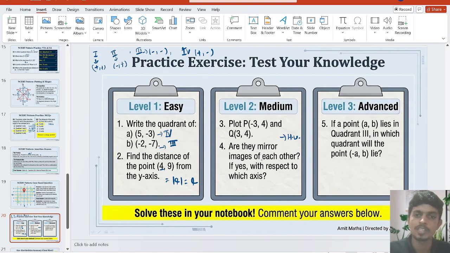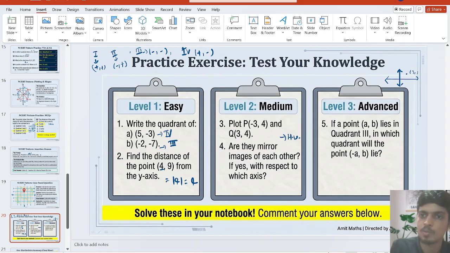Are the mirror images of each other with respect to which axis? Here you see that (3, 4) lies in the first quadrant.